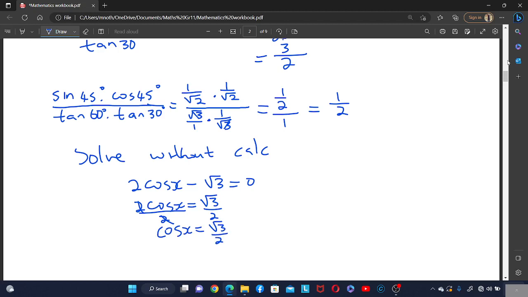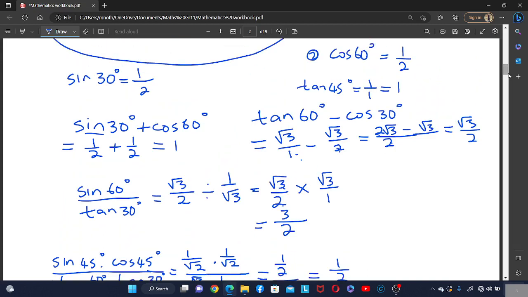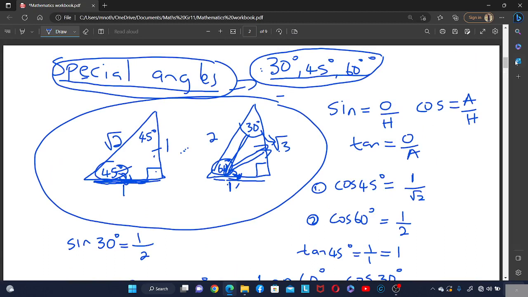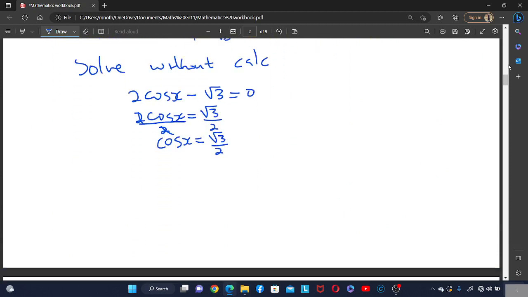But you know the special angles. Which special angle gives you root 3 over 2? If you check, it's this one, root 3 over 2. Which means that it is cos 30. Therefore x is equal to 30 degrees.